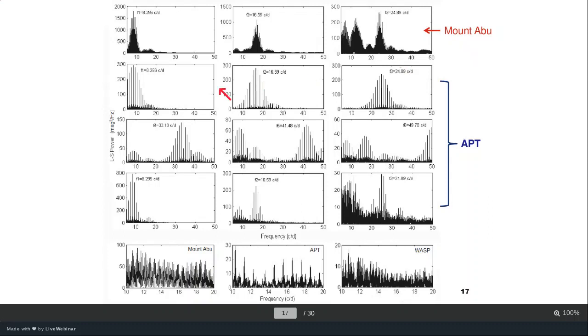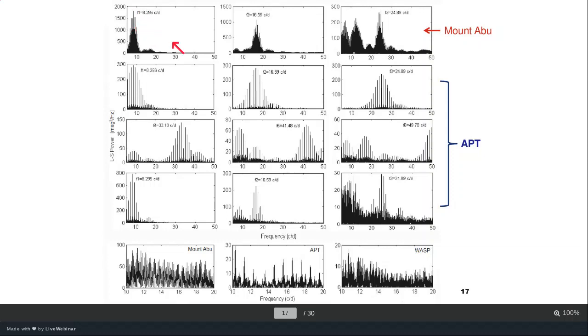So this is the periodogram of the acetylene light curve. We can see clearly that one frequency is there. This is the most prominent frequency we observed. Of course, this is very small, but that is 8.296 cycles per day. This is the most prominent frequency in that light curve.